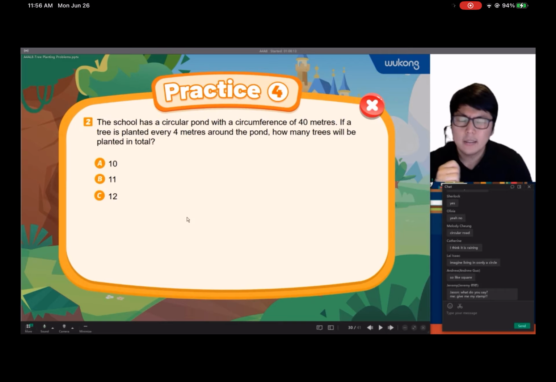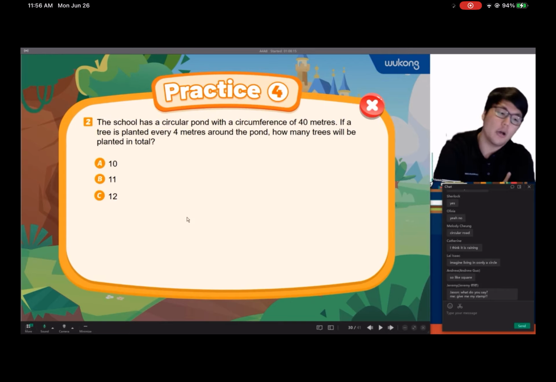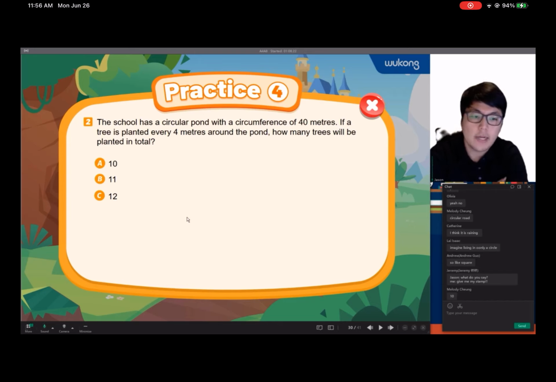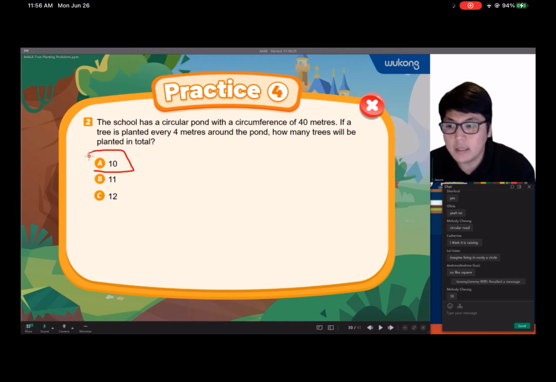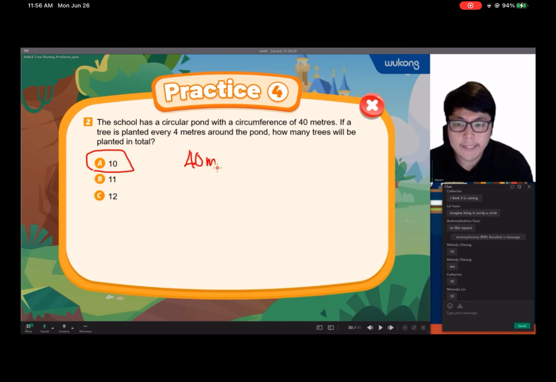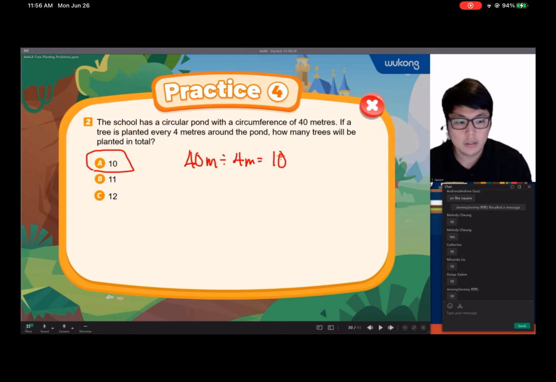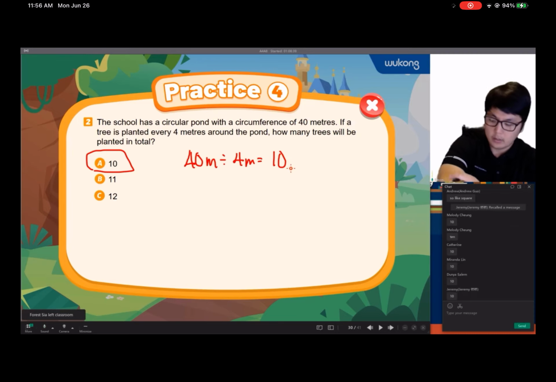And next, the school has a circular pond with a circumference of 40 meters. If a tree is planted every 4 meters around the pond, how many trees? Yeah, pretty easy. 10 trees. How? Well, 40 meters divided by 4 meters equals 10. 10 what? 10 trees or 10 intervals, guys?